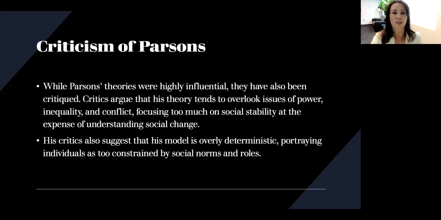His critics also suggest that his model is overly deterministic, portraying individuals as too constrained by social norms and roles. That is another valid criticism. It is all about the social norms. If you breach the norms, you will be punished or sanctioned by society. Society brings you back to the equilibrium.